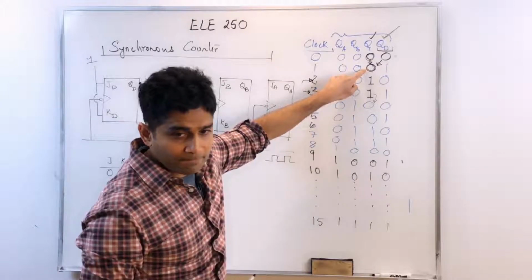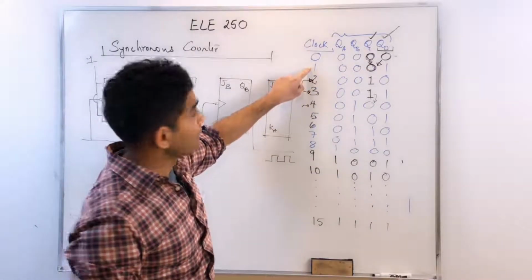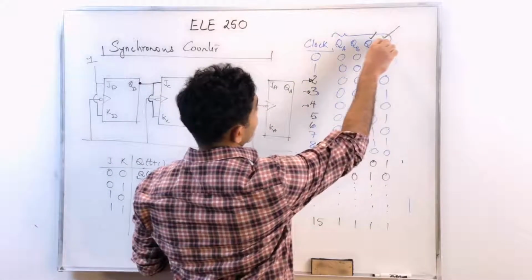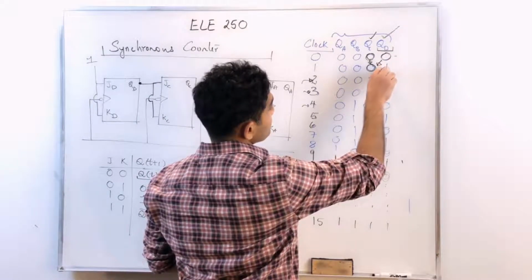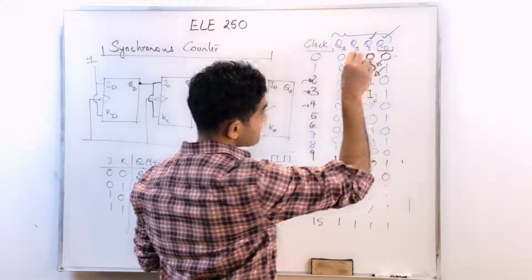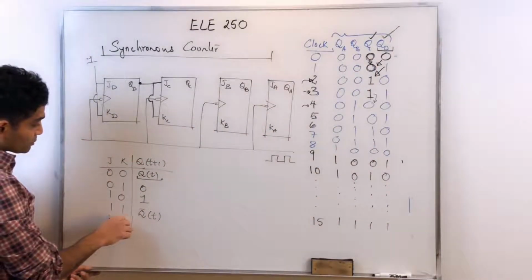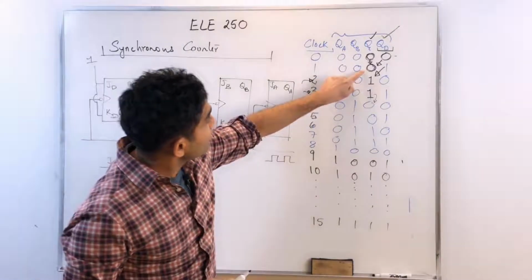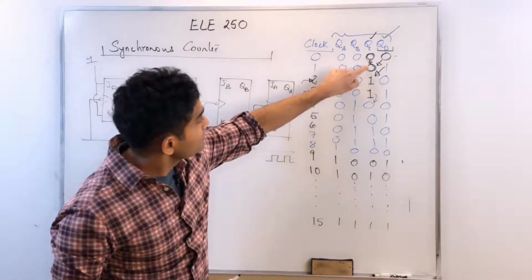Now, on the first clock pulse, I'm getting an output of 1 on QD, and I'm applying that to my JC and KC. 1 on JC and KC, 1 1, corresponds to the toggle state, right? So in the next active edge, my output on QC should toggle, so 0 becomes 1.